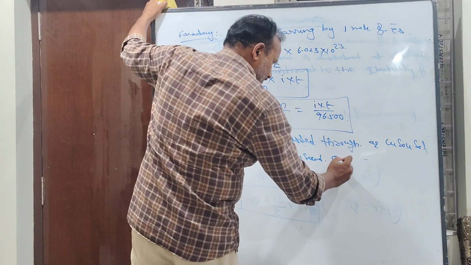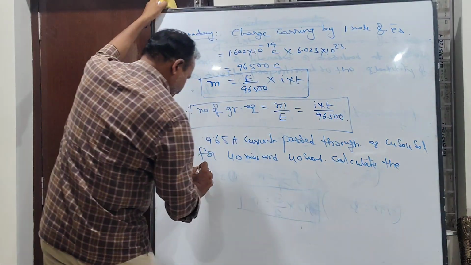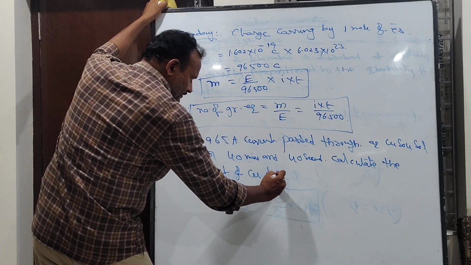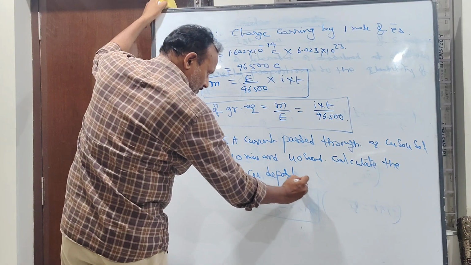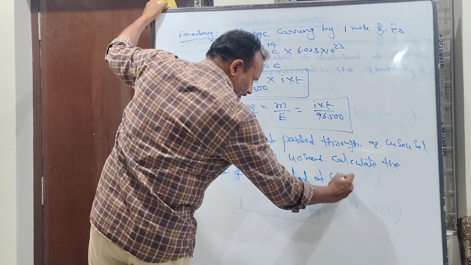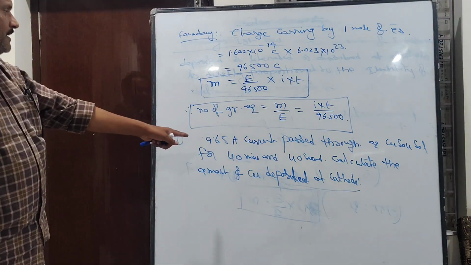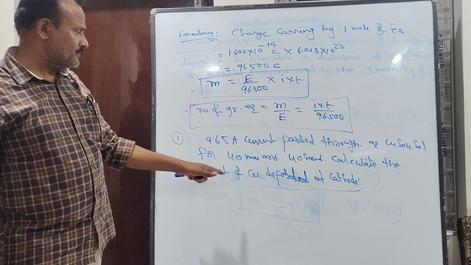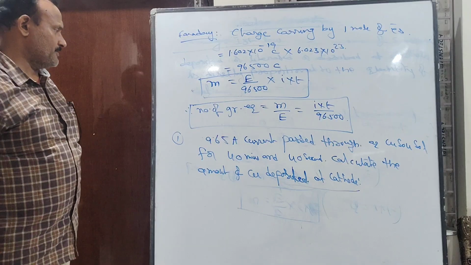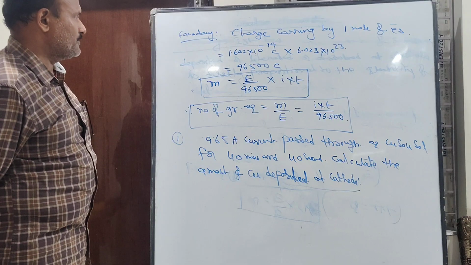Calculate the amount of Cu deposited at cathode, right? So read the question now, all of you. 9.65 amperes current passed through aqueous copper sulfate solution for 40 minutes 40 seconds. Calculate the amount of copper deposited, right?